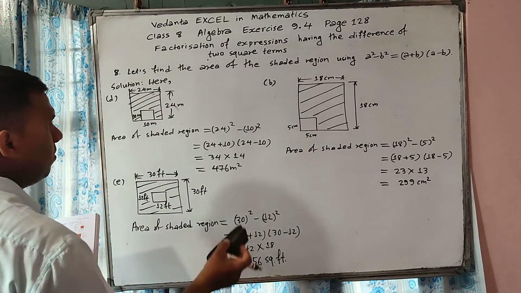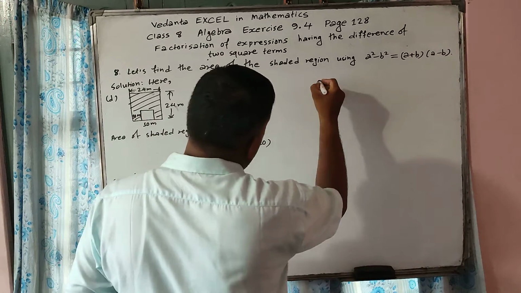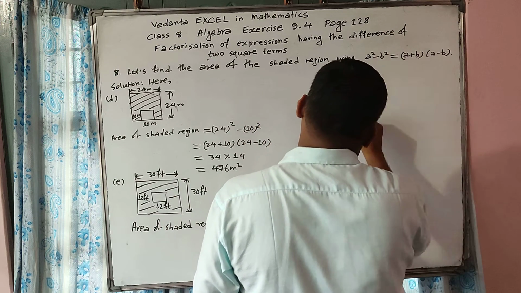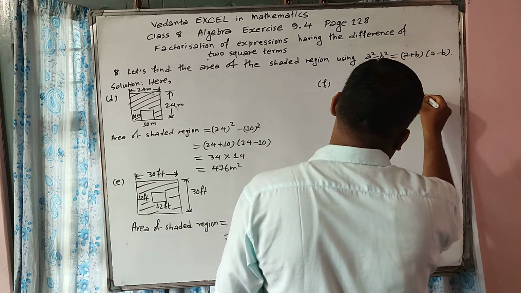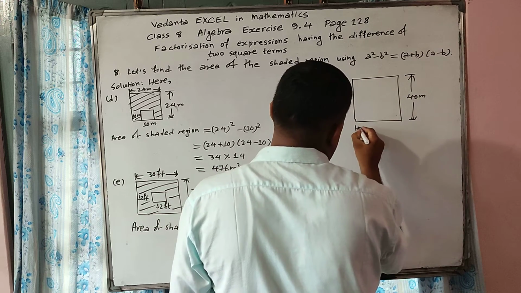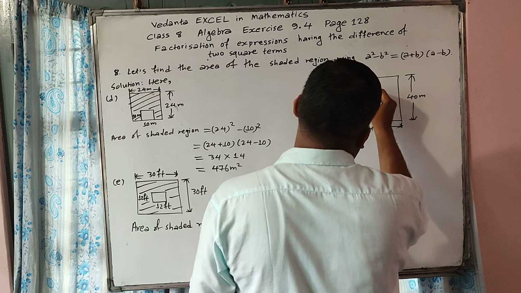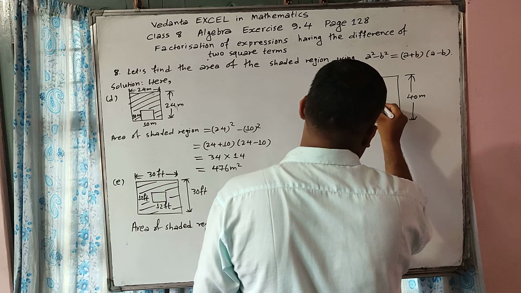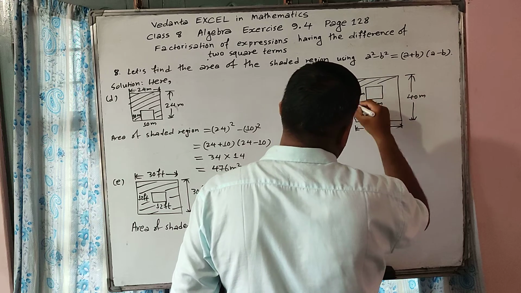Now for F. The big square is 40 meter by 40 meter. This one is a square 15 by 15. This outside part is shaded.